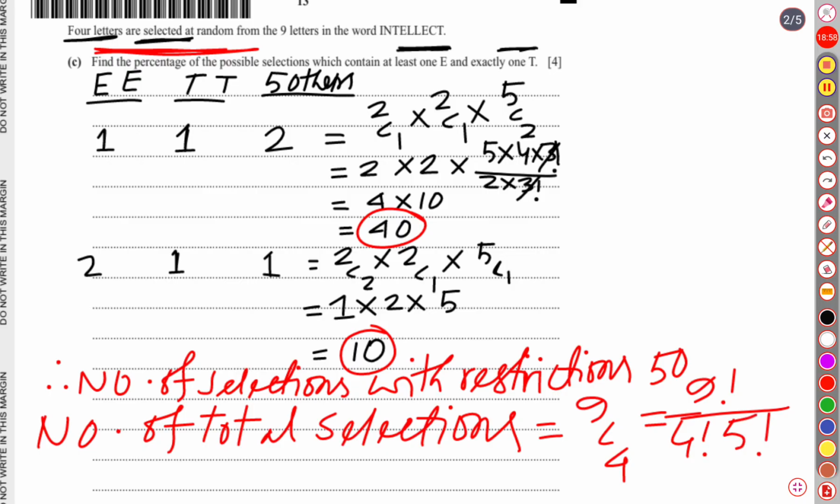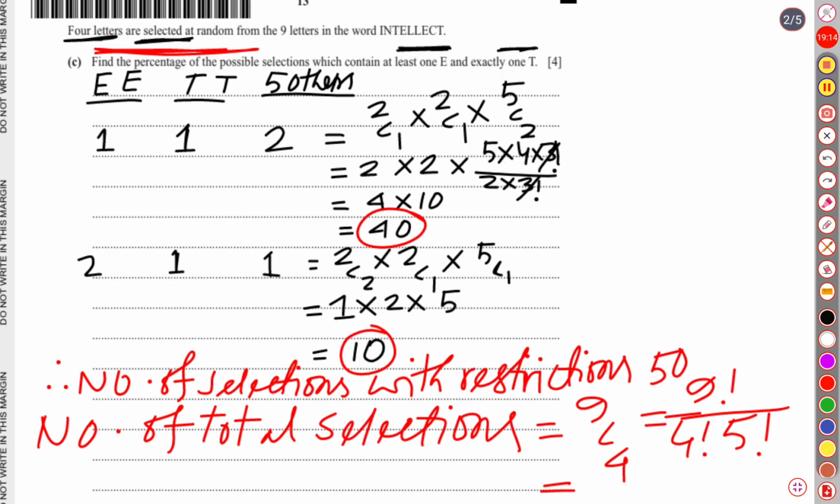Now let us see what the total number of selections is if we choose 4 letters from 9 letters.